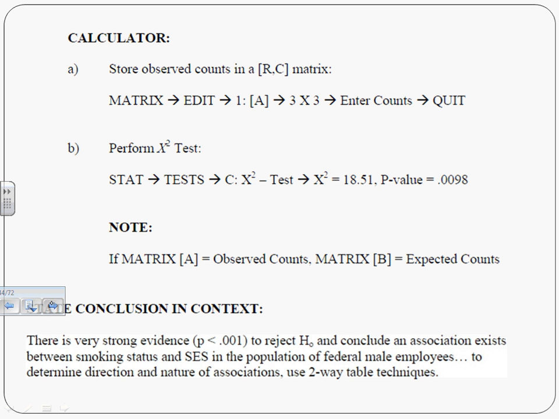But I would suggest always knowing how to do it by hand, because AP will sometimes just ask you about the procedures of things. And then put your conclusion. Here our p-value is definitely less than 0.001. So it's very statistically significant to reject your null and conclude an association exists between smoking status and the socioeconomic status in the population of federal male employees.